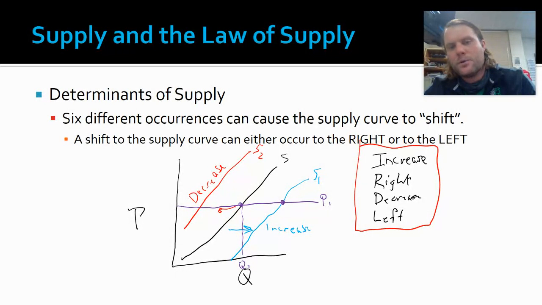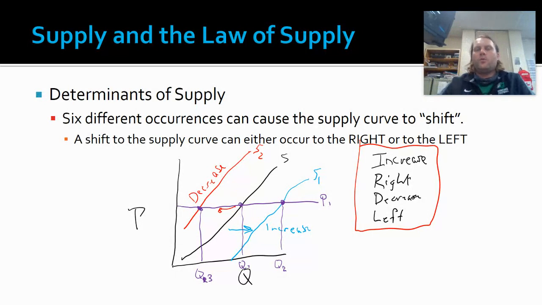Now we've got more suppliers of a product, so it increases how much is available. That's pretty obvious. Maybe a company closes and we decrease how many companies are producing stuff, and that leaves us with less stuff. That's all we're trying to predict when we shift this supply line one way or the other.